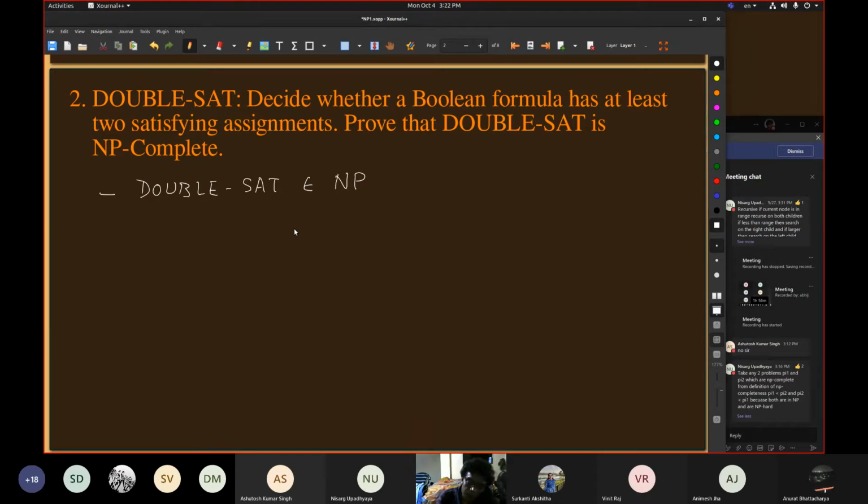So how do I proceed? The certificate for Double SAT should be just two truth assignments. When you prove something is in NP, there are two ways. First, or I would say the more common approach, is to provide a succinct certificate.